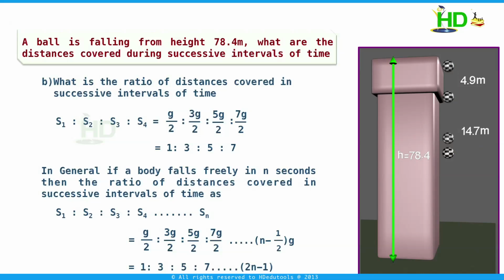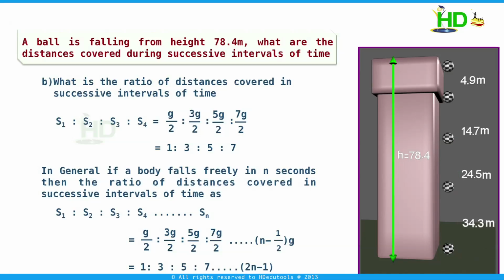Similarly, the displacement covered in the second second is 14.7 meter, and in the third second is 24.5 meter. What is the difference between these two? Yes, it is also 9.8 meter. Similarly, the difference between the displacements covered in the fourth and third seconds is 9.8 meter.